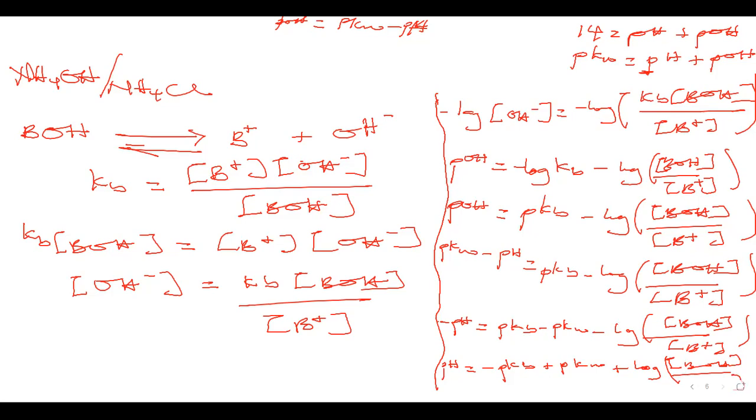And once I have this, I can further rearrange by saying that my pH is now equal to my pKw minus my pKb plus the log of my base out of its conjugate.